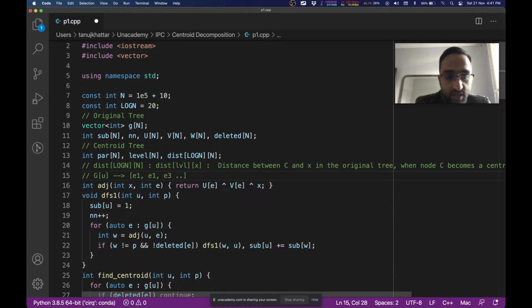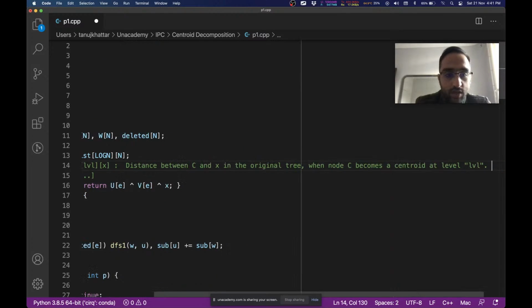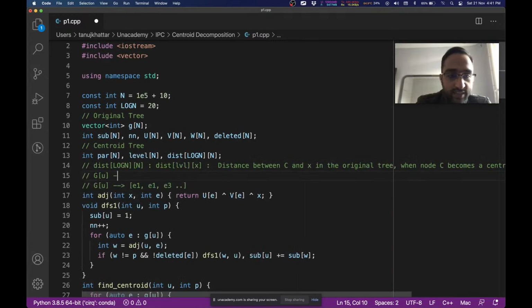These are not adjacent vertices. Usually you store V1, V2, V3, the adjacent vertices in the adjacency list of U, but I'm not doing this. What I'm doing is that in the adjacency list of U, I'm storing the adjacent edge numbers.